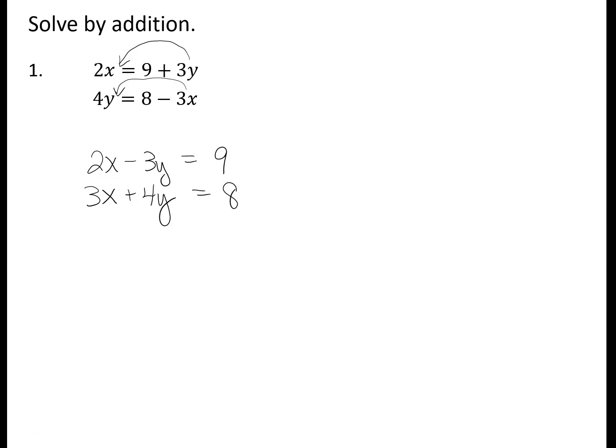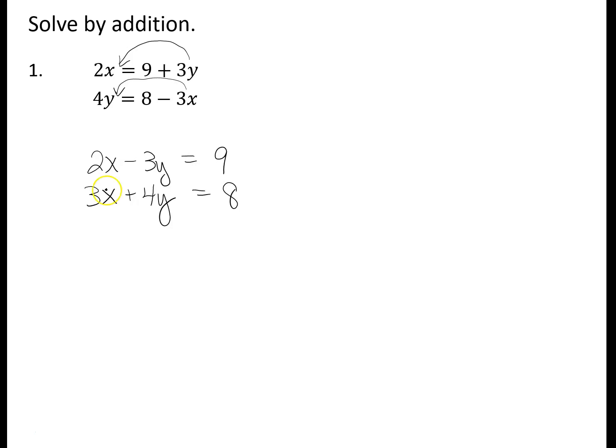Step 2 says, if necessary, multiply one or both equations by a number so that either the x coefficients or the y coefficients are opposites. By opposites, we mean opposite signs. So if you had a 3 and a -3, those would be considered opposites.